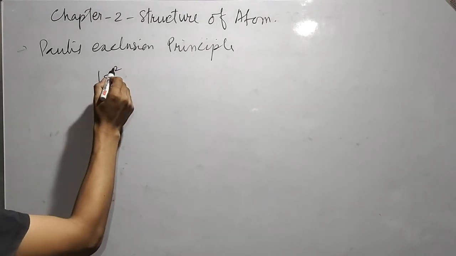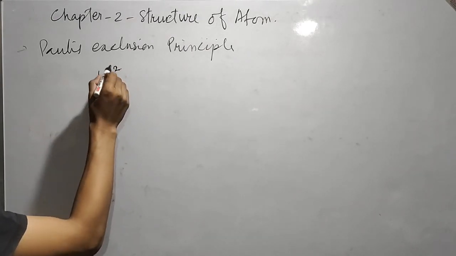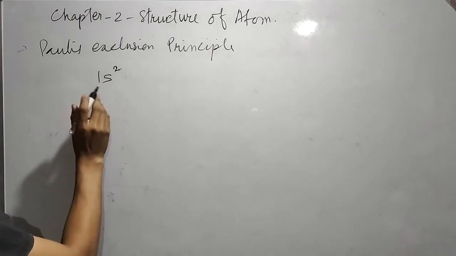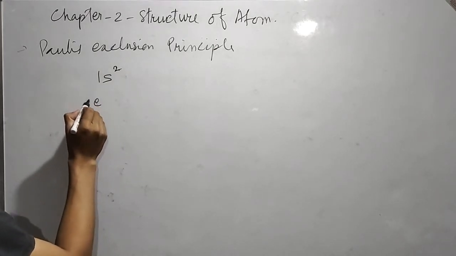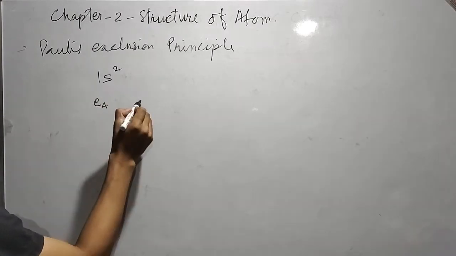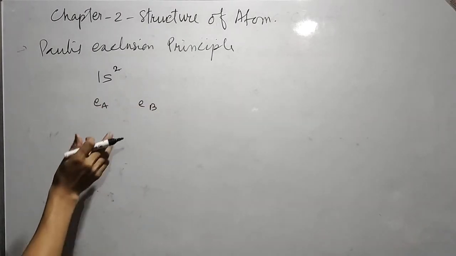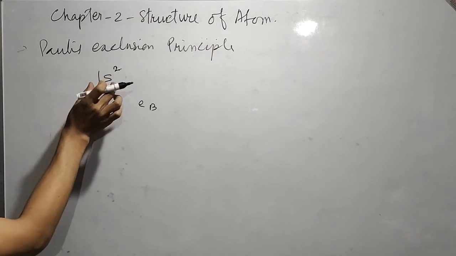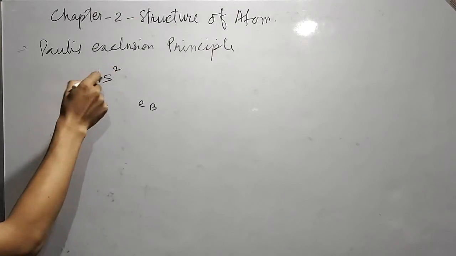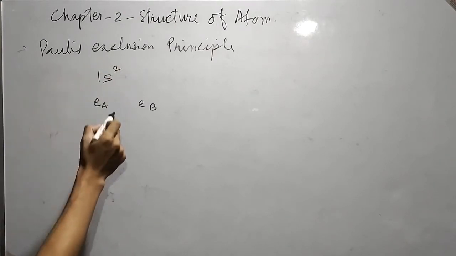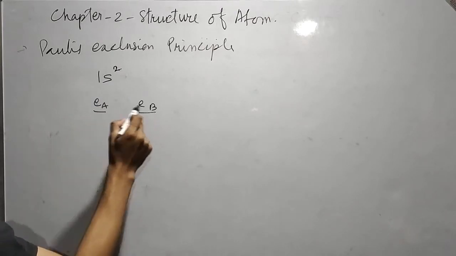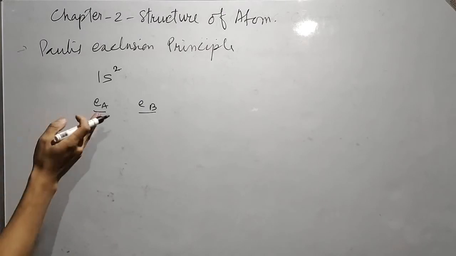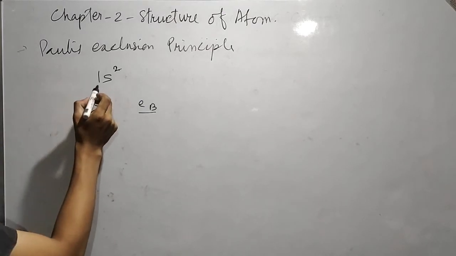If we consider the 2 electrons which are present, you name them electron A and electron B. Now in the 1s orbital there are 2 electrons, so we shall compare these 2 electrons, EA and EB.